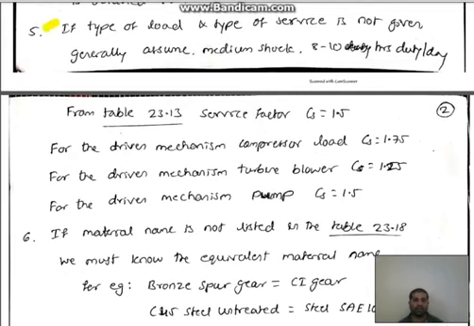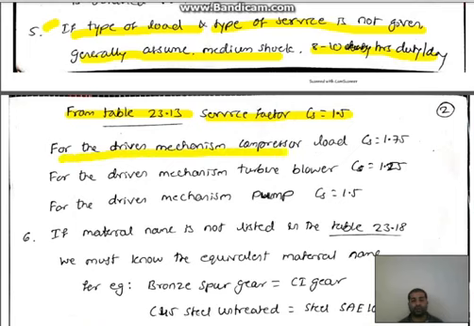Fifth one, if type of load and type of service is not given, generally assume medium shock, 8 to 10 hours duty per day. From table 23.13, service factor is 1.5. If the driven mechanism is a compressor, then select Cs equal to 1.75.